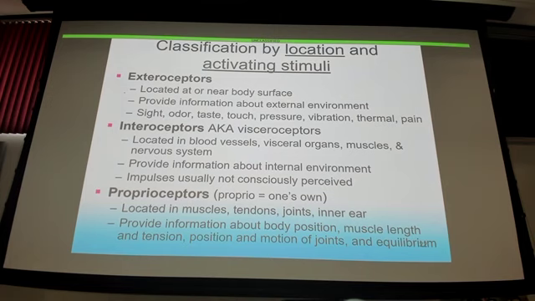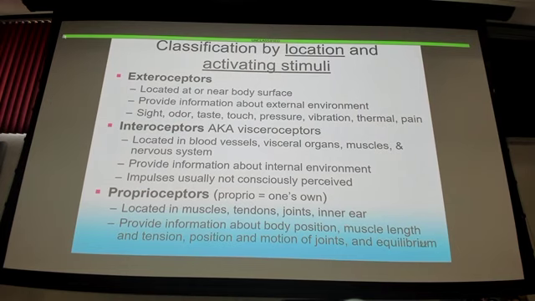So sight, odor, taste, touch, pressure. With the exteroreceptors, it's just a grouping in classification. So anything that is receiving some type of sensory input from the outside of the body falls under this. So we see a mixture of special and general senses in our examples.